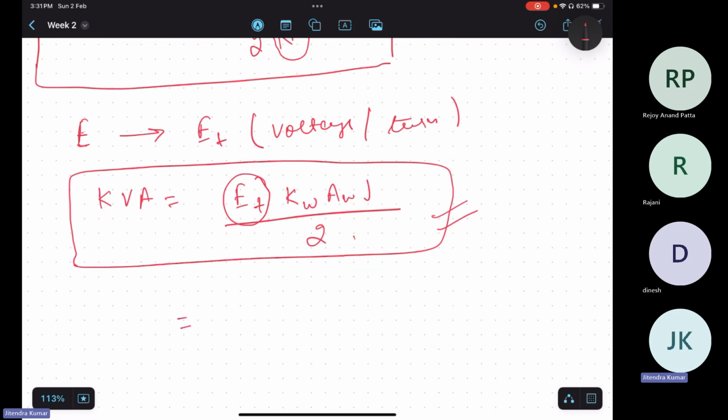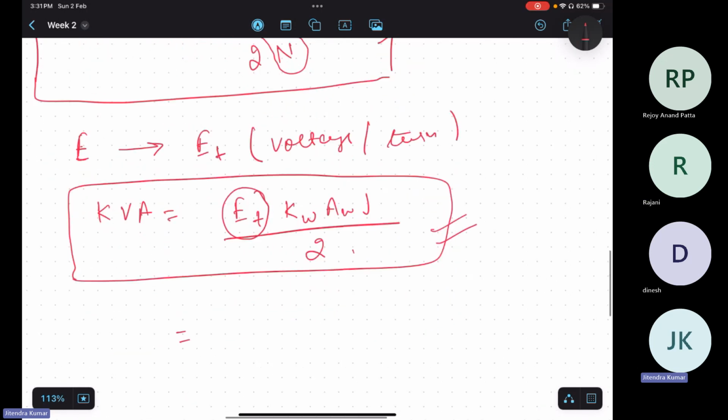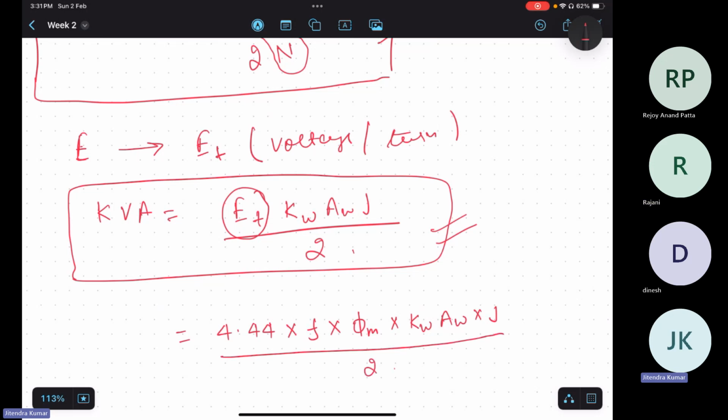Now we can plug in the value of ET, which is nothing but 4.44 into F into phi m. Here we will not use N because N has already been utilized in ET. Into KW into AW into current density divided by 2.